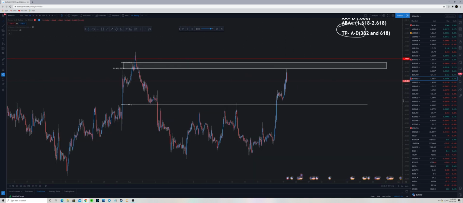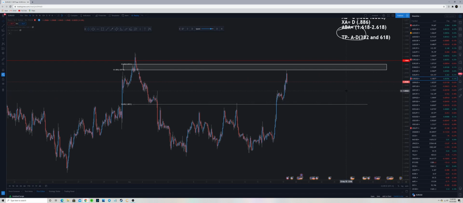Now, this is where things get interesting, because, you know, banks see this stuff too. How should I even say this? The banks know how to mess around in the reversal zone. They know how to get you out of there. Now this right here, it barely wicked the 1618, which was our 88.